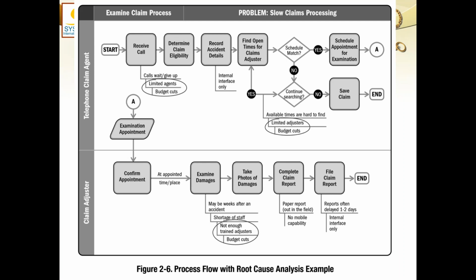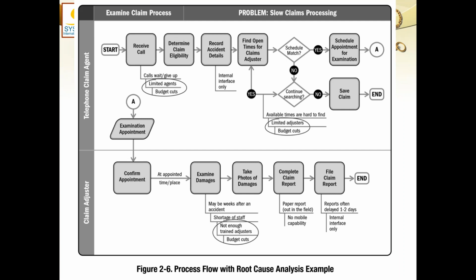Process is when we start the work, the telephone claim agent receives the call. Then he determines the claim eligibility. Once the claim eligibility has been done, he records the accident details. Then he finds open times for claim adjuster. Then he schedules the match.